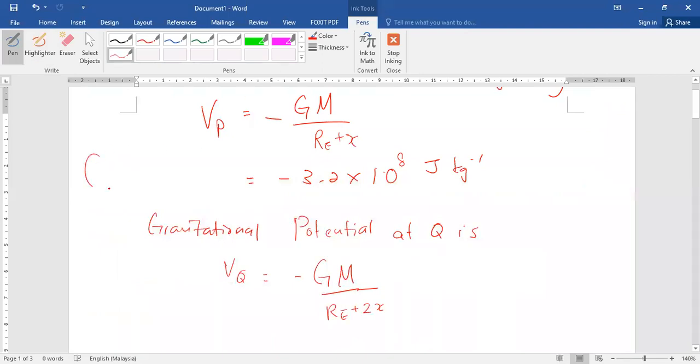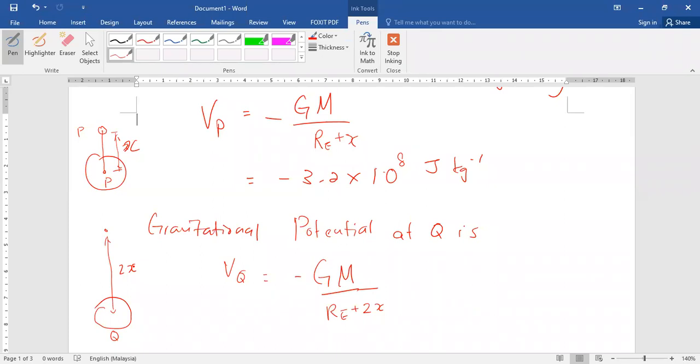Let's set P above, and let's say this distance is x. For Q, it is higher, where this distance is 2x.